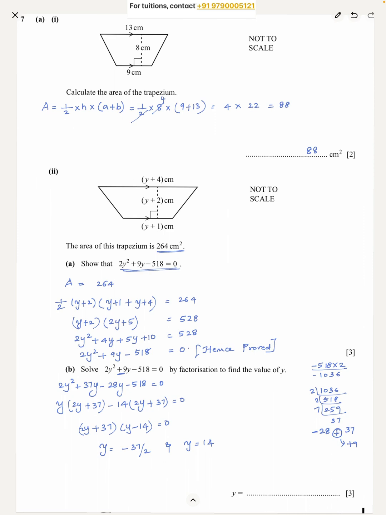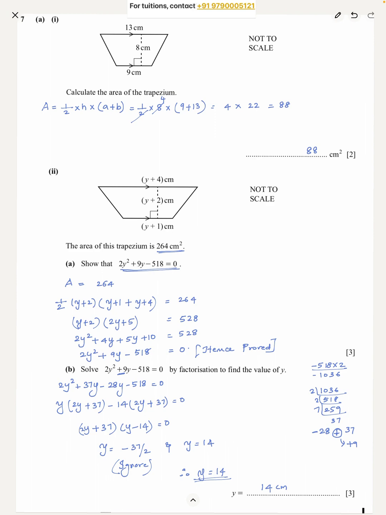Now here y refers to the length of the side or the height, so it cannot be negative. So we just ignore the negative value. Therefore, y becomes only 14. So y is 14 centimeter, of course.